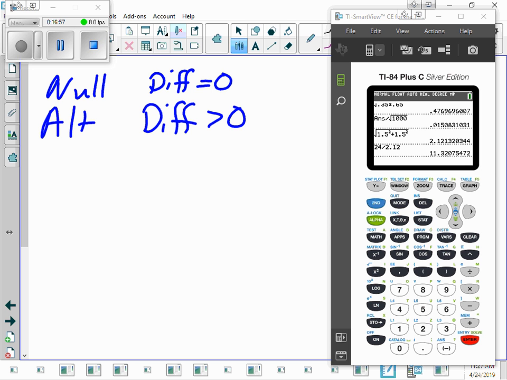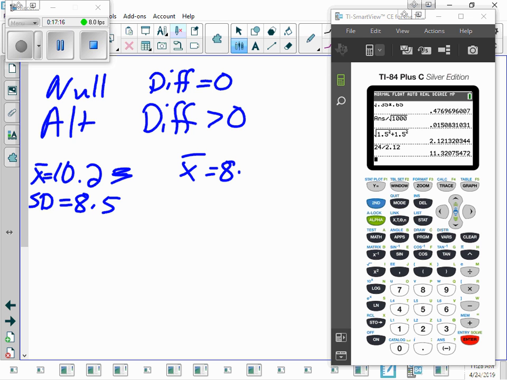And our numbers are 10.2 with an SD of 8.5. And the other one is 8.1 with an SD of 6.9. So I'm going to divide both of these by the square root of 1,000.